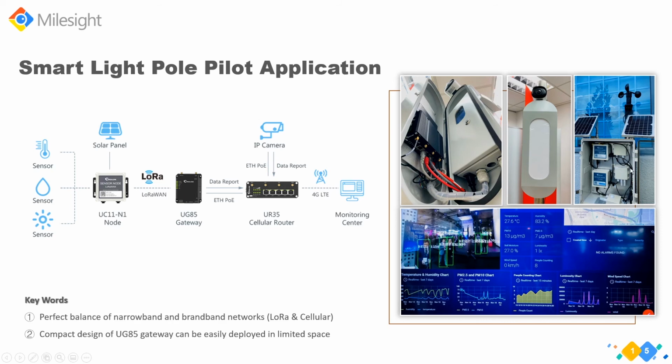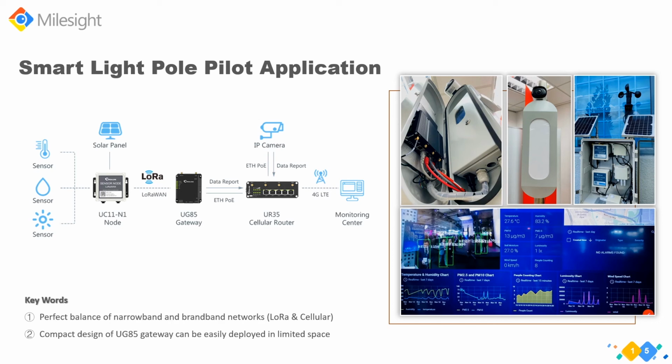I think the camera usually requires the 4G LTE broadband network, and the temperature and humidity kind of data only needs the narrowband network.